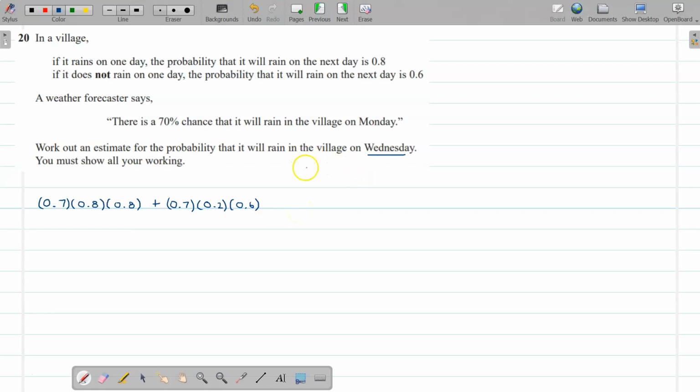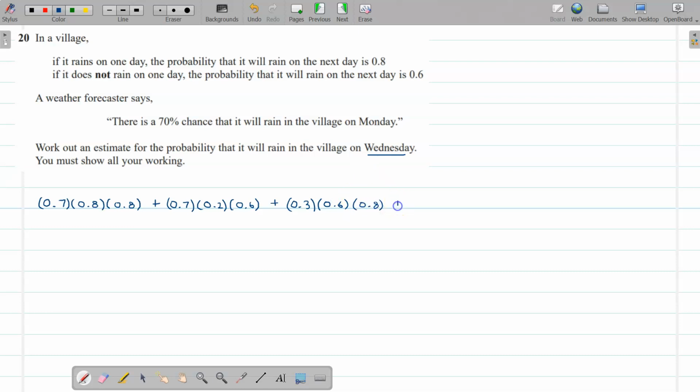And then I could say, well, the other possibilities are that on Monday it didn't rain, which was 0.3, but it did rain the next day, and it did rain on Wednesday.